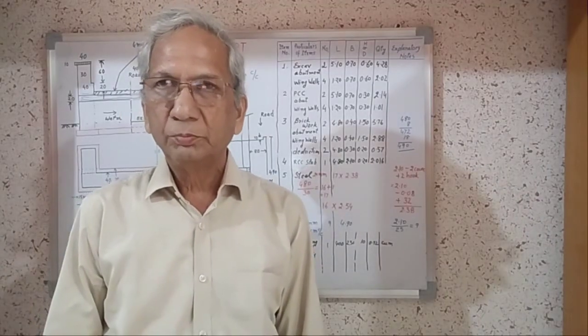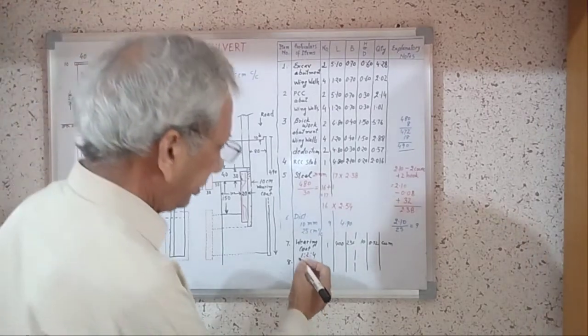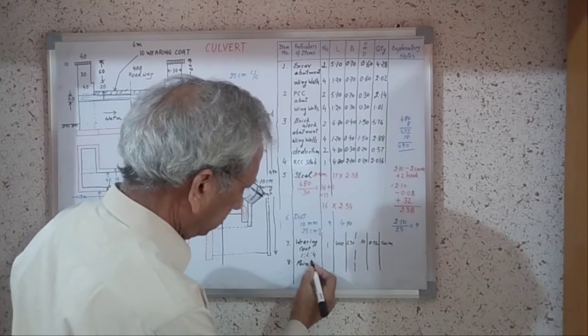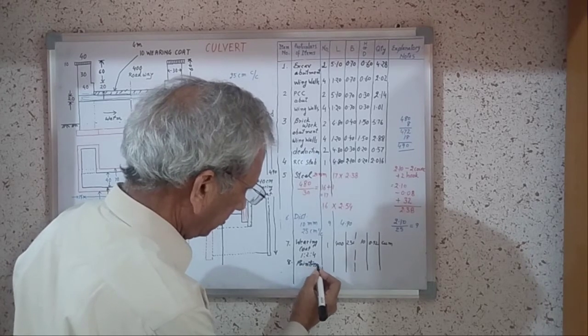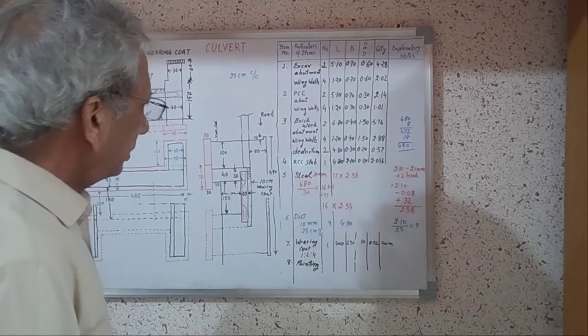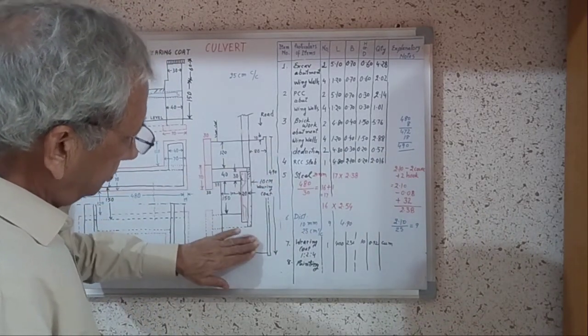Now the next item is the last item, item number 8, pointing. Now pointing we will do. Here the length will be taken on this face, where the pointing will be done.